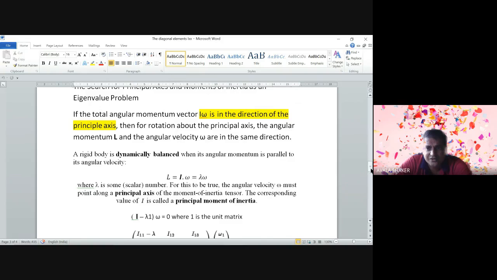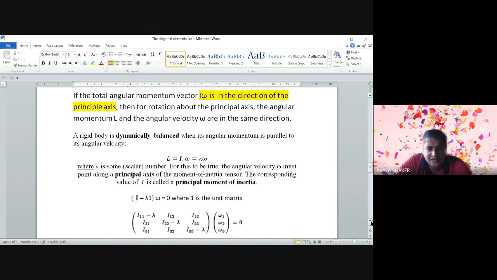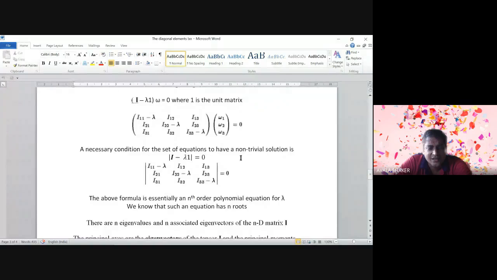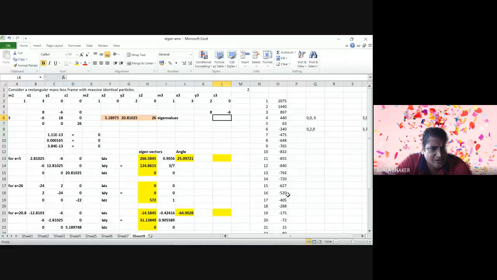For that, if you have to find lambda in this situation, the determinant of I minus lambda 1 should be equal to 0. Now in case of Excel, what will we have to do? We will take three values of lambda, since we'll get three equations here.